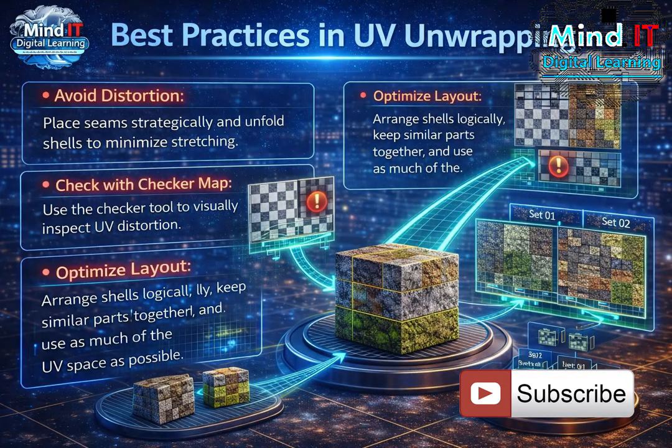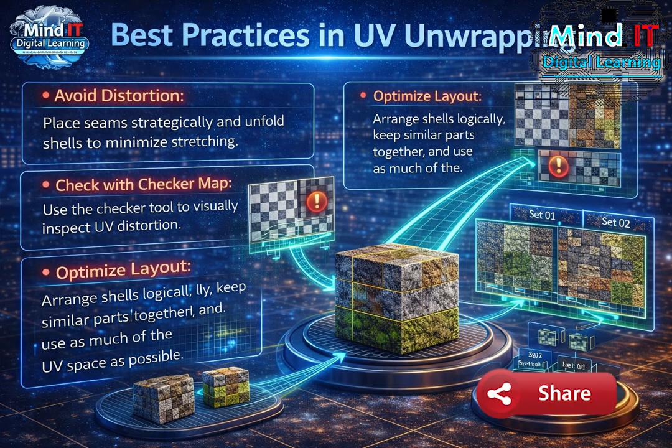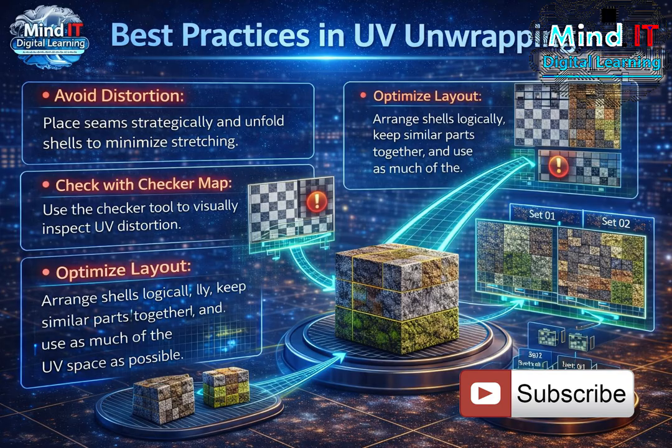Best practices. Avoid distortion. Place seams strategically and unfold shells to minimize stretching. Check with a checker map. Use the checker tool to visually inspect UV distortion. Optimize layout. Arrange shells logically. Keep similar parts together and use as much of the UV space as possible.